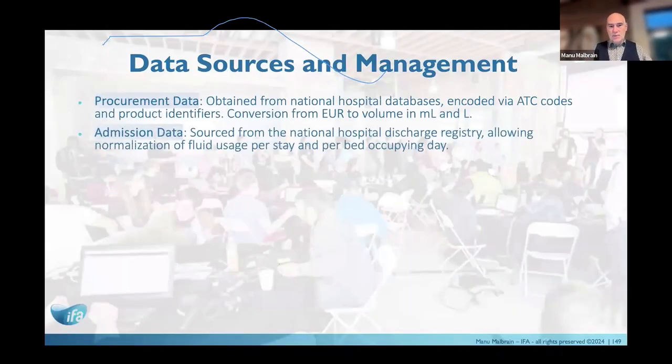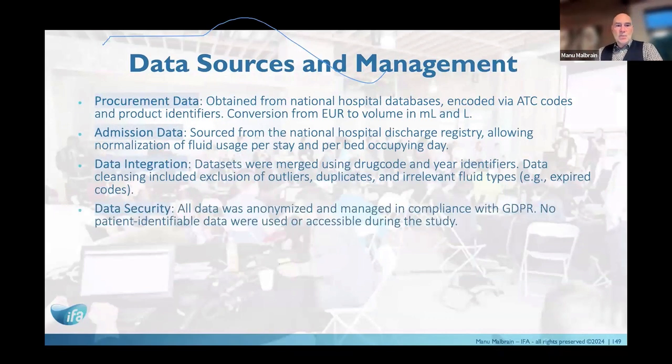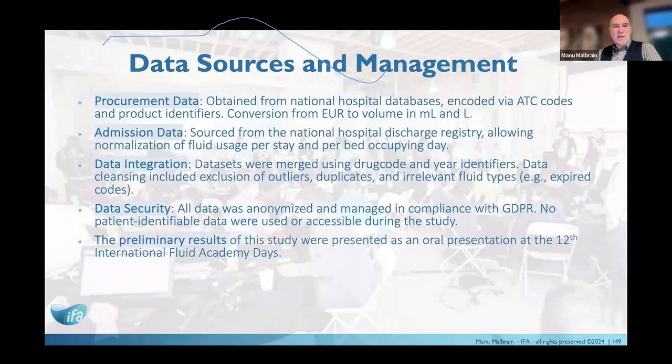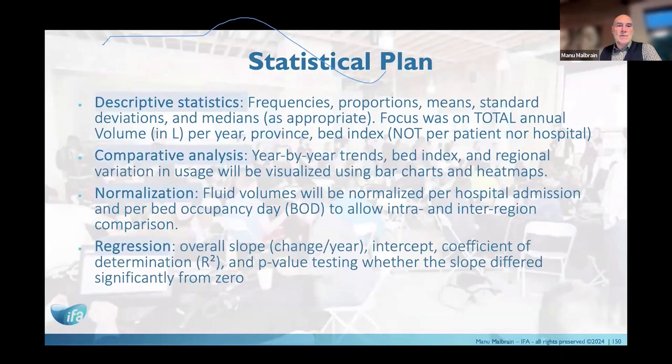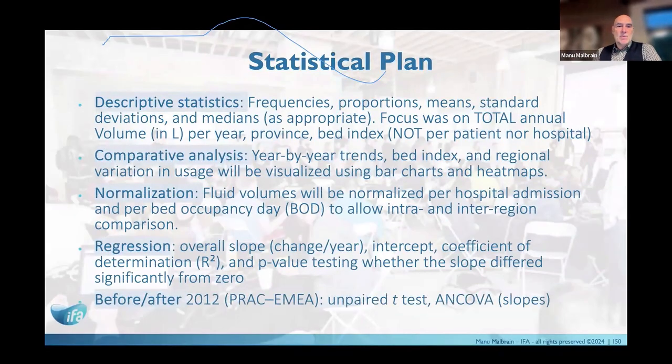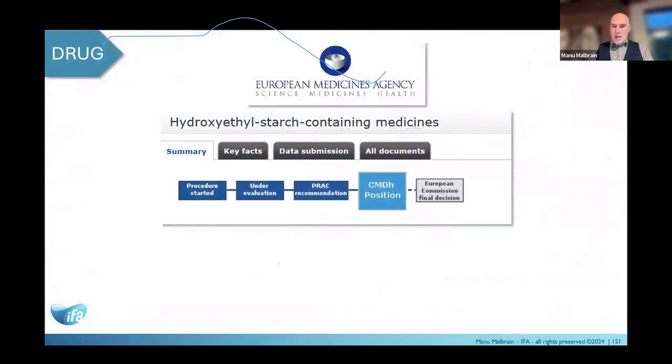Now, the data came from procurement, admission. We integrated the data, was anonymized, and I will skip here and go over to the results. One important thing is that for this 10-year period, we looked before and after 2012. Why?